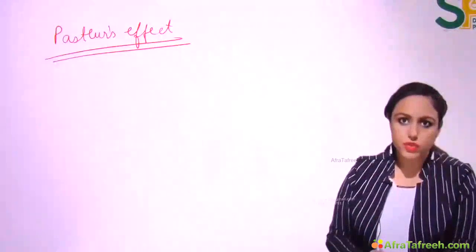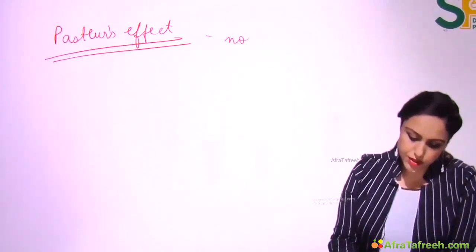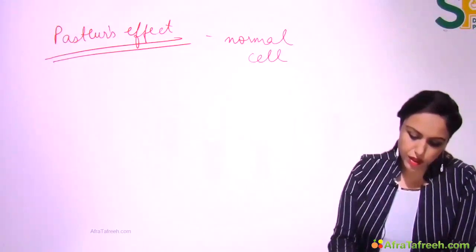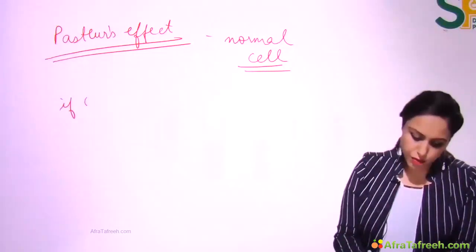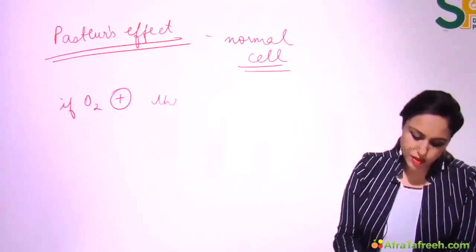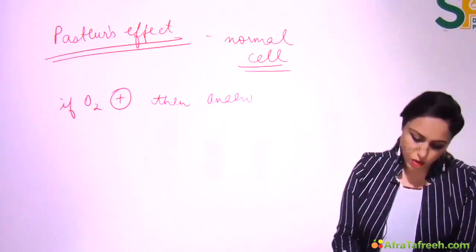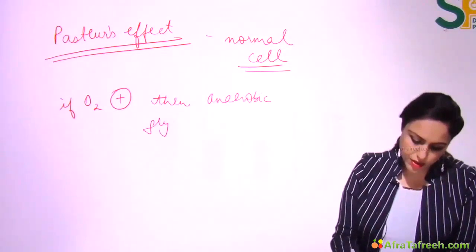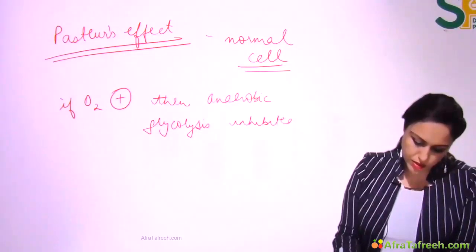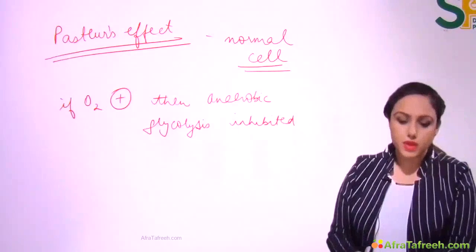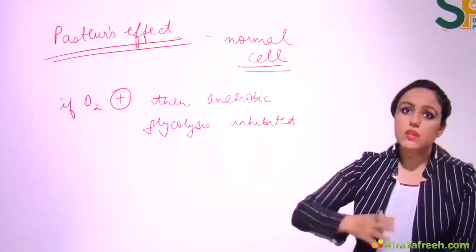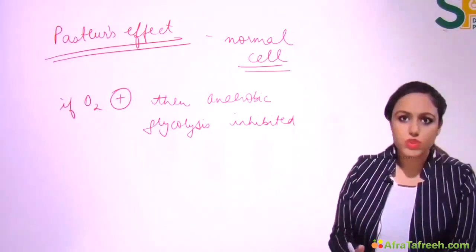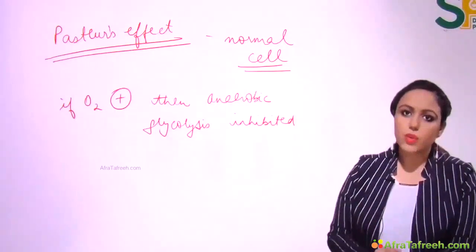Now what is Pasteur's effect? Pasteur's effect is an effect occurring in any normal cell of the body. It says that if oxygen is present, then anaerobic glycolysis is inhibited. Why is it inhibited? If we have oxygen, we can obtain 32 ATPs from 1 glucose, so why waste glucose in anaerobic glycolysis?